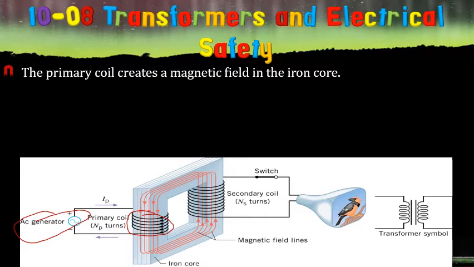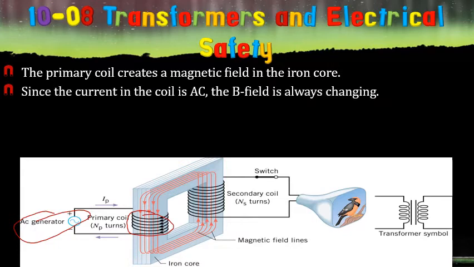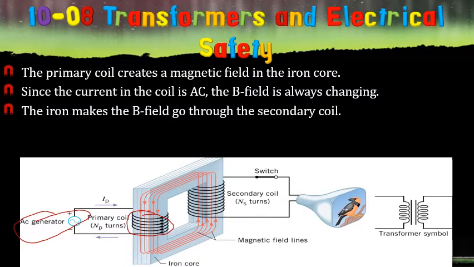And so it's making a magnetic field, and that magnetic field is guided to the secondary coil. So the magnetic field goes over here to our secondary coil. Because it was an alternating current on the first coil, the magnetic field is changing. That changing magnetic field in the secondary coil means there's a changing flux in the secondary coil.